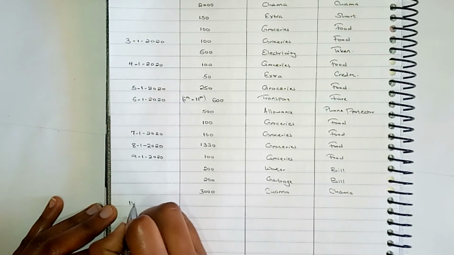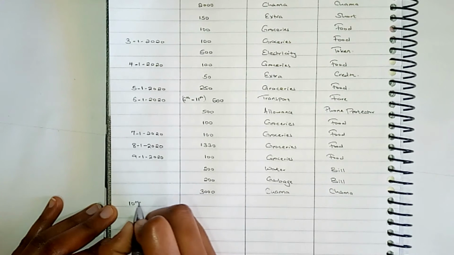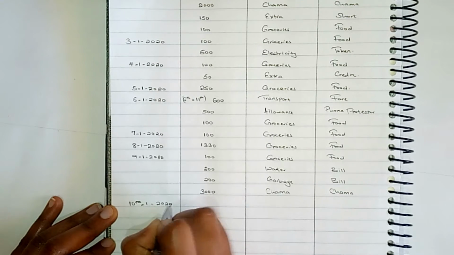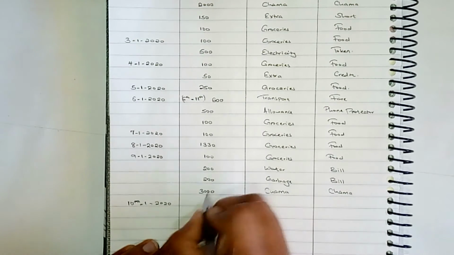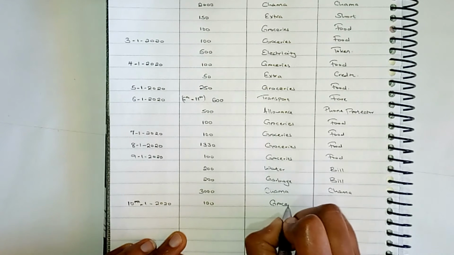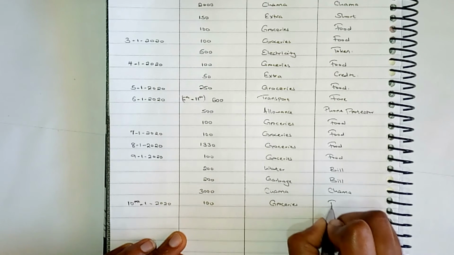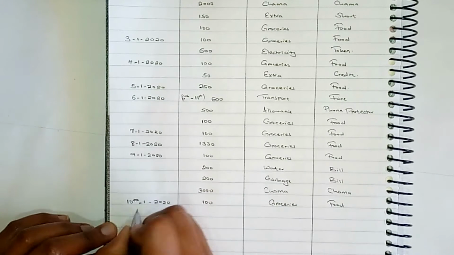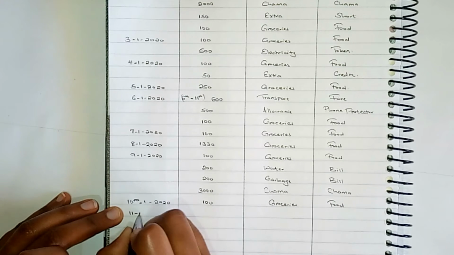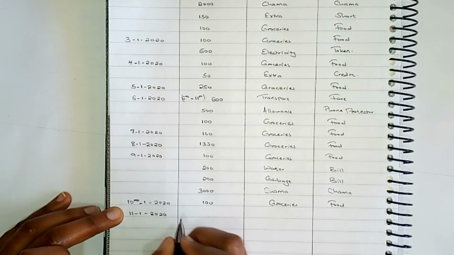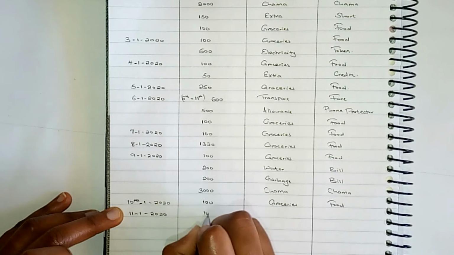And then on the 10th, there was 100 shillings, groceries, food. And then the last transaction was yesterday, the 11th, and that was for groceries again.